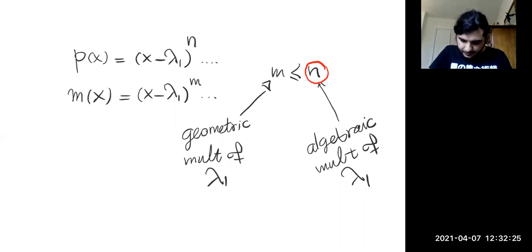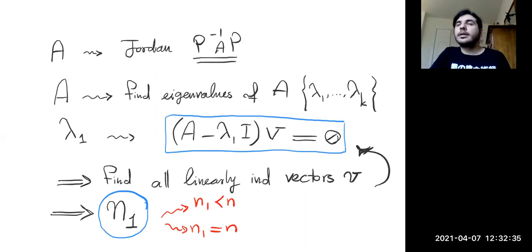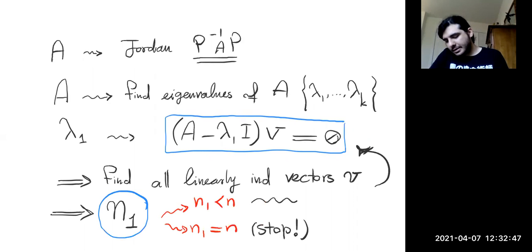Going back, there are two possibilities. Either n1 is less than n or n1 is equal to n. If n1 is equal to n, this process, which I'm going to explain now, is finished. We would stop here. If not, we are going to do something else.